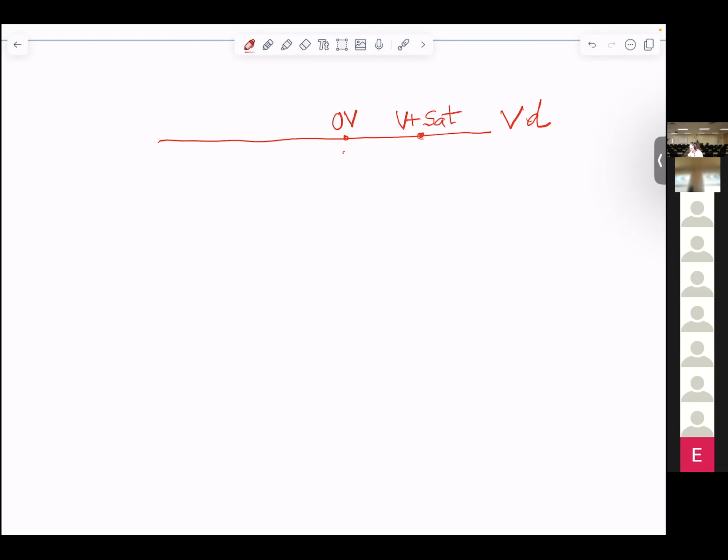That means in this one, 15 volt. On the other side, you can get V minus saturation, minus 15 volt. Okay?